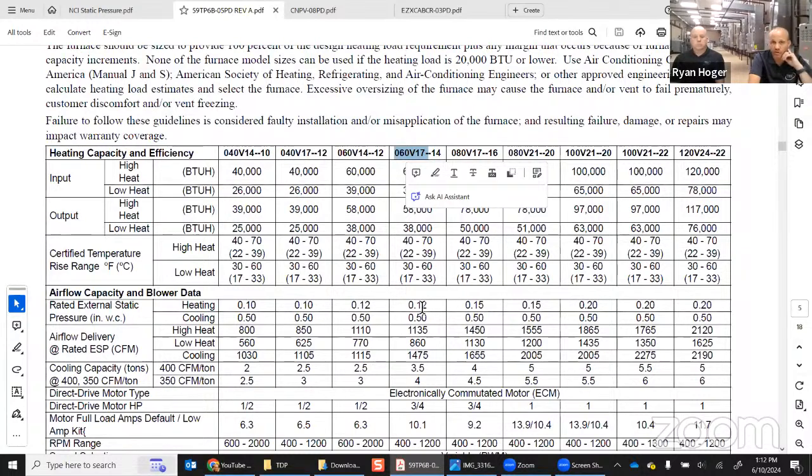For heating mode is 0.12, and for cooling mode 0.5, because for cooling mode, you're probably gonna have a higher CFM, and you're also gonna have an evaporator coil, obviously. So you got 0.5 to work with on cooling, minus your coil, minus your filter. That doesn't leave a lot of room for ductwork. So if you have ductwork that's restrictive, it gets to be a problem really quick.